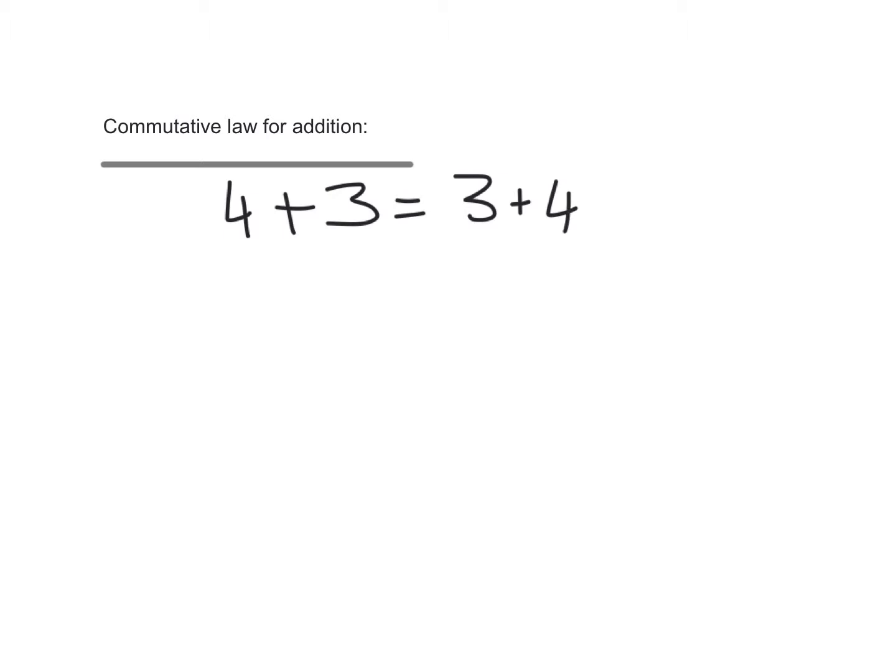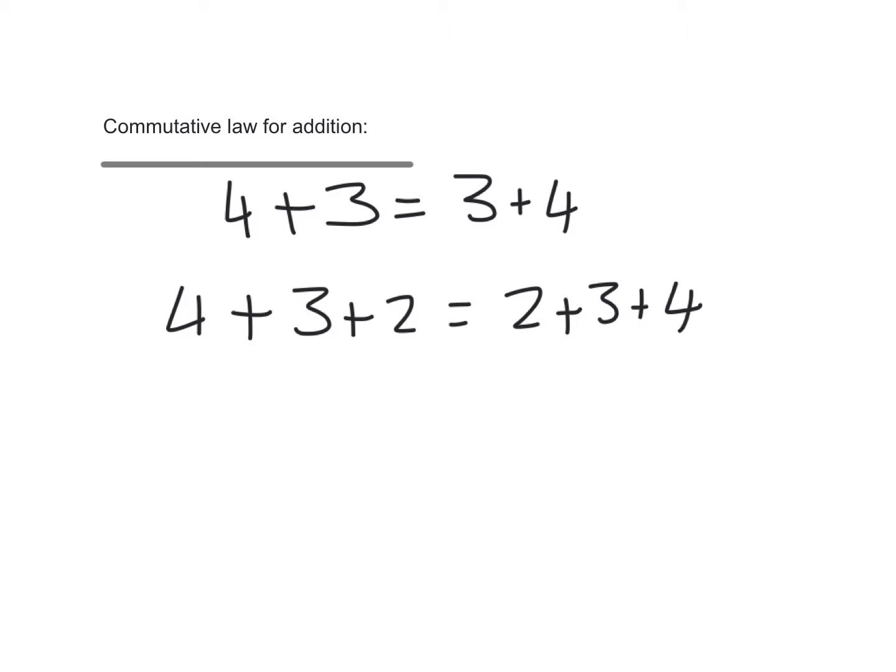Or if we had 4 plus 3 plus 2, we could write that as 2 plus 3 plus 4. It doesn't really matter which way around we have these, because in addition we just add them up and we get the same answer. That is called the commutative law for addition.